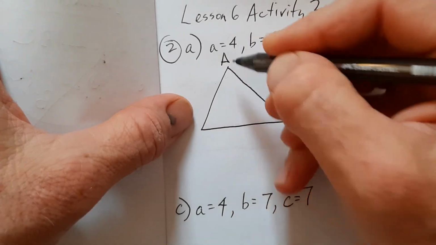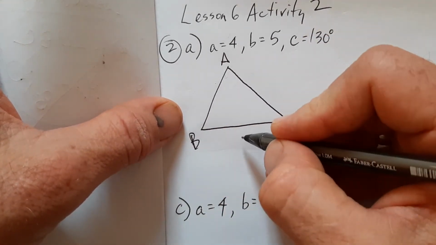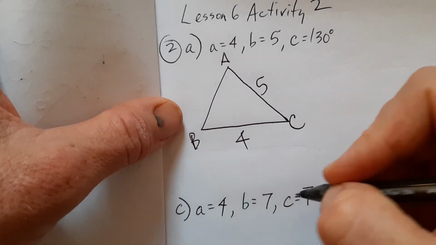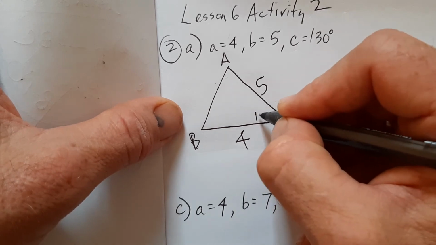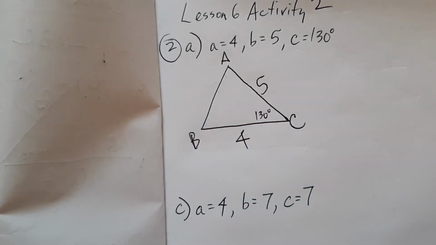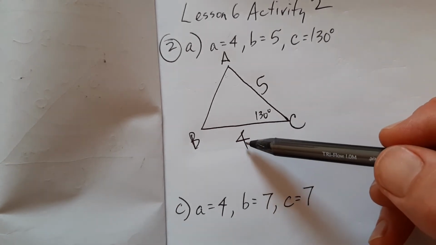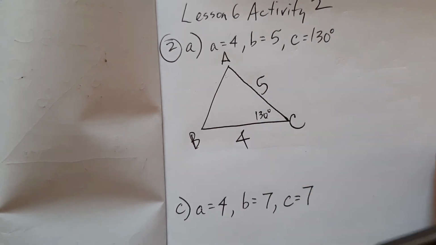So if I have angle A, B, and C, then side a is over here, side b is right here, and, whoa, a very inaccurate drawing I just made. 130 degrees. I guess you could be a little more accurate than that. This is very straightforward, correct? I have two sides and the angle between them.